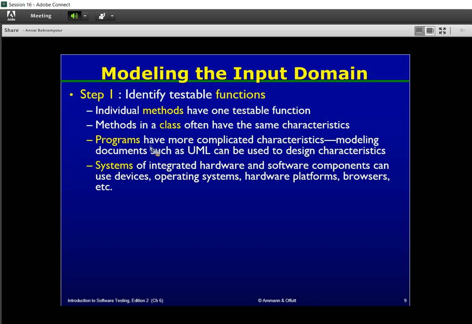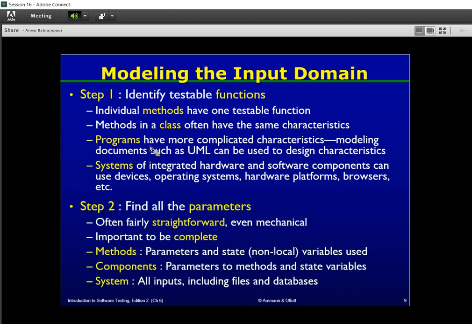And for system testing. In step 2, we just find all parameters. The explicit parameters of each testable function or each method of our program should be considered. All shared variables or shared state of the method or of the program should be considered as input.